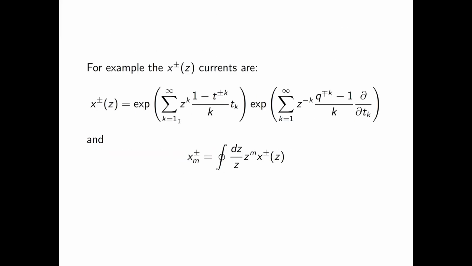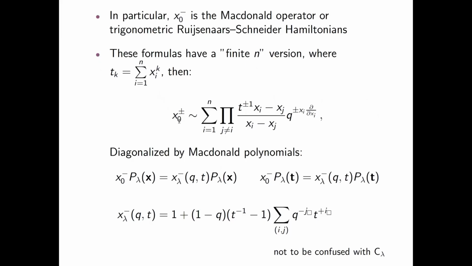In particular, it's good to note that all these operators act in a nice way on Macdonald polynomials. Macdonald polynomials form a distinguished basis in this Fock space. Specifically, this x0 minus is the Macdonald operator, also known as the trigonometric Ruijsenaars-Schneider Hamiltonian.